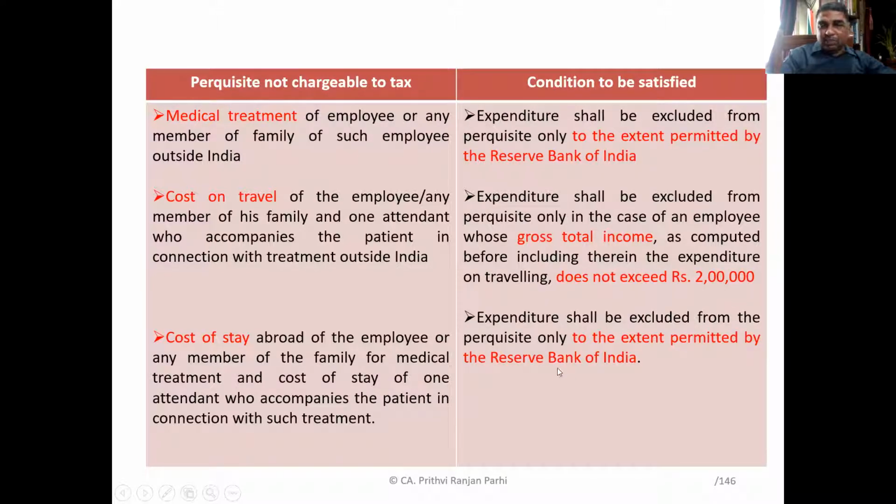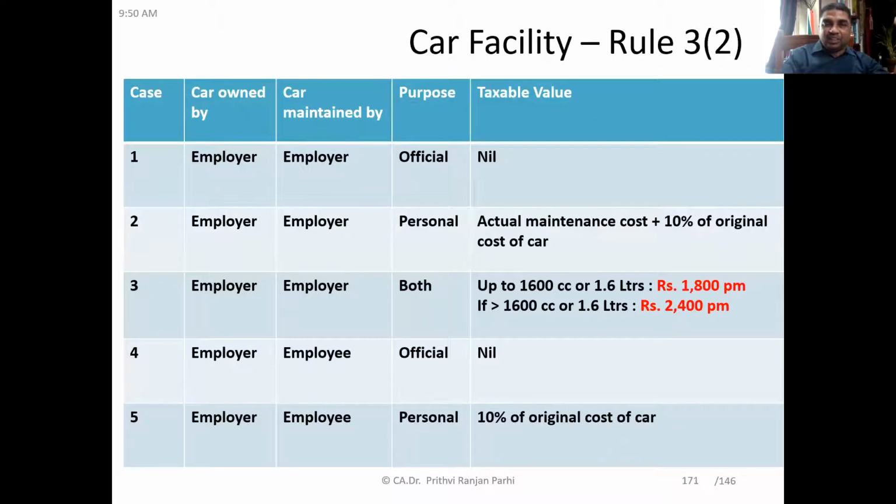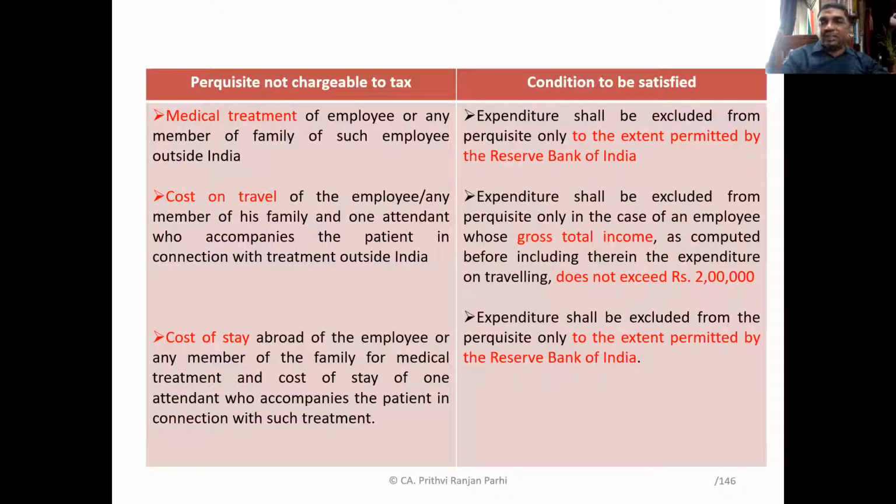Cost of stay is exempt provided the expenditure is permitted by the Reserve Bank of India. These three things I had already shown you in this chart itself. So with this, friends, I think you have understood how medical facilities will be taxed.